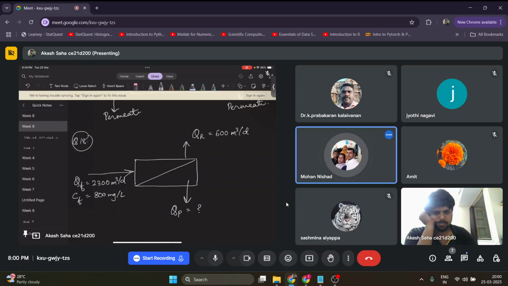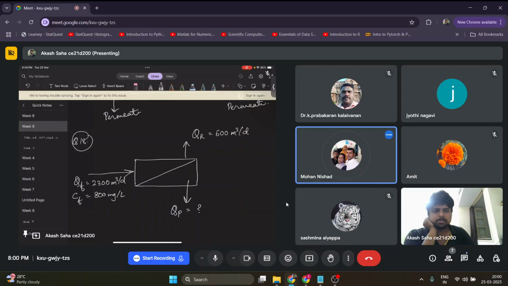So show the question again. No, everything is there in this diagram itself. So feed discharge is 2300, retentate discharge is 600. So what will be my permeate discharge?